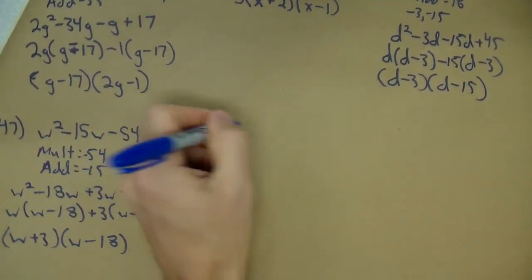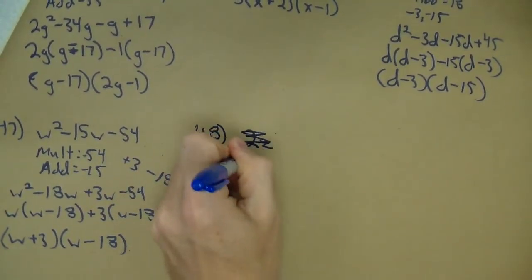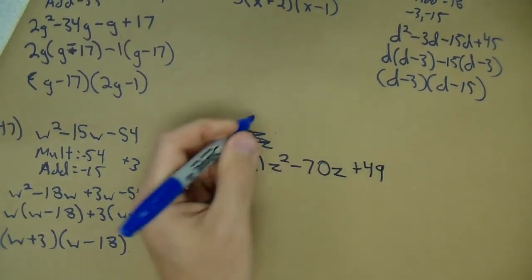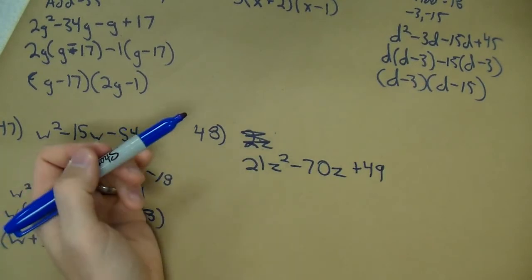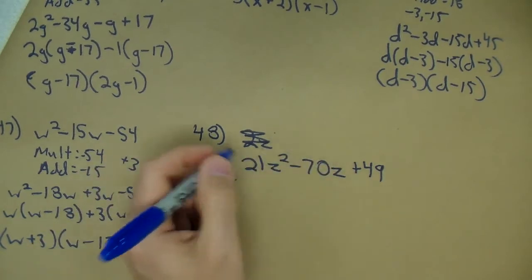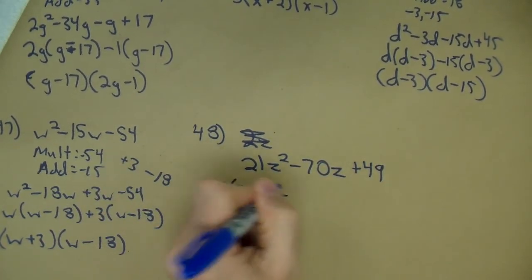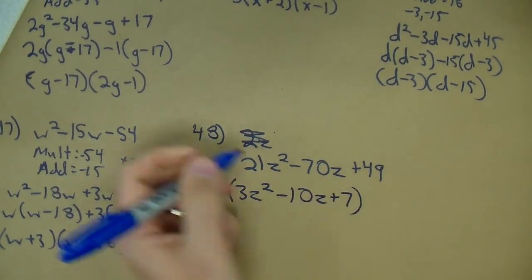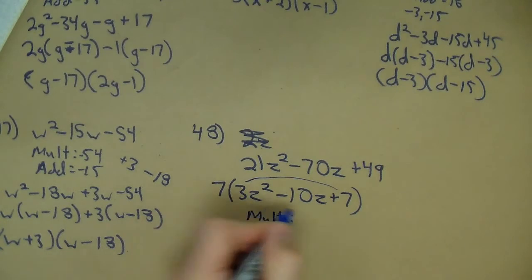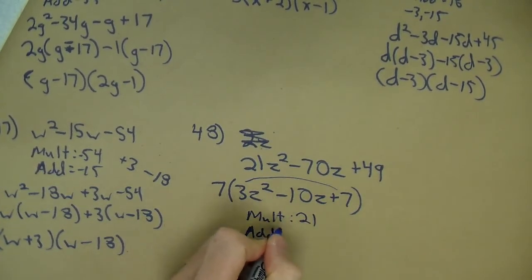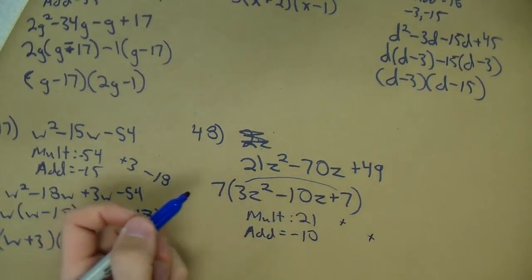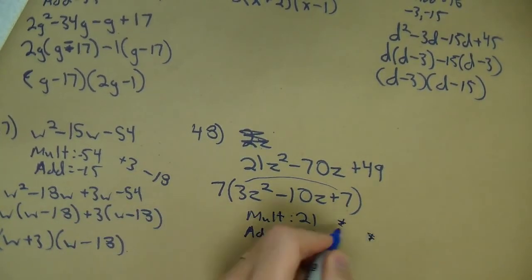Number 48, we have 21z squared minus 70z plus 49. You could start with trying to figure out the factors of whatever 21 times 49 is, but what would be easier is if we divided everything by 7. We get 3z squared minus 10z plus 7. So now with the 7 on the outside, we're actually looking for what multiplies to be 21 that adds to negative 10. Now the fact it's a positive product but a negative sum means they're both negative values.